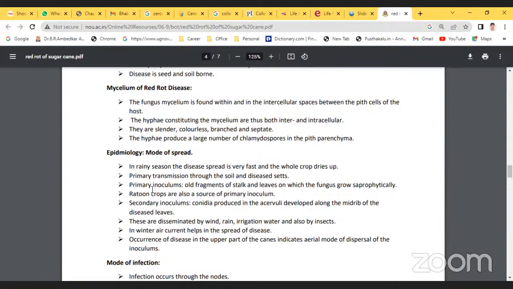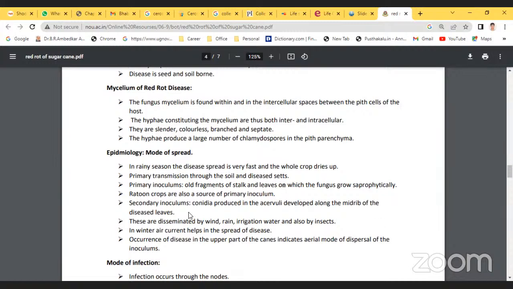So the fungal debris is already in the soil, in the leaves and old stalk fragments. When farmers start a new cultivation of sugarcane in the rainy season, it is rapidly attacked. That is the reason we advise farmers that crop rotation is the best treatment.